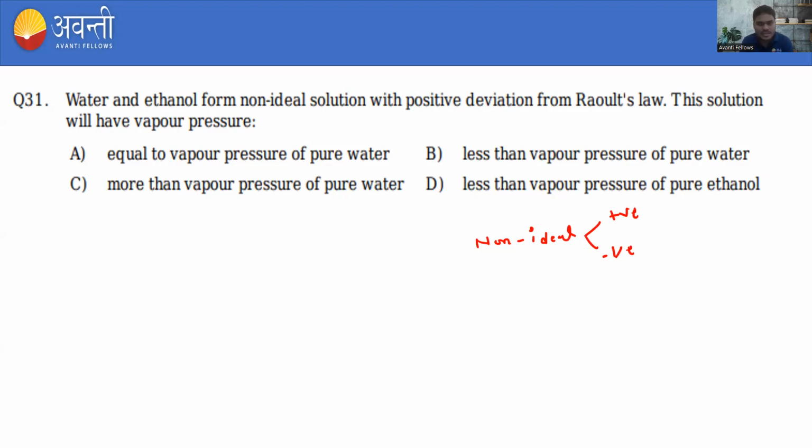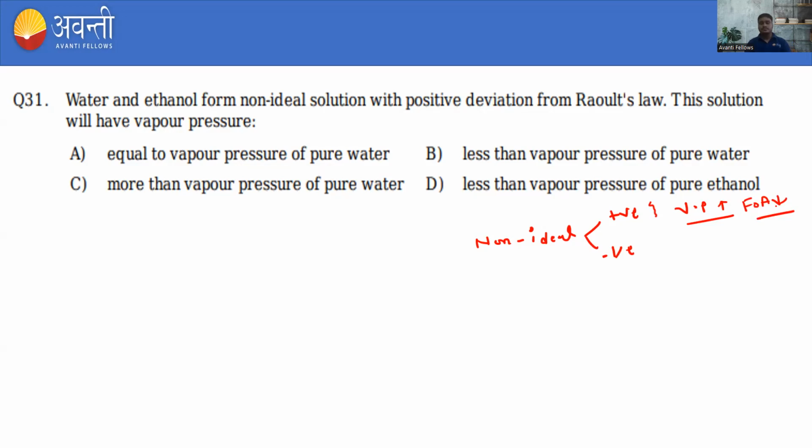So in this question they are asking about water and ethanol. We all know that water and ethanol show positive deviation, which is also mentioned in the question. So what do we mean by positive deviation? In positive deviation, the vapor pressure increases. Why? Because the force of attraction decreases.